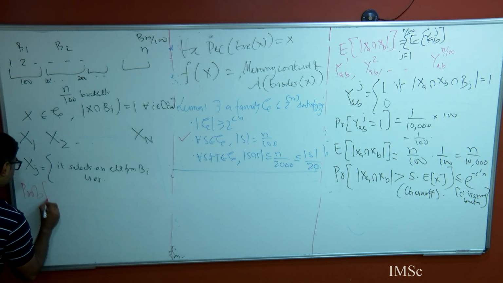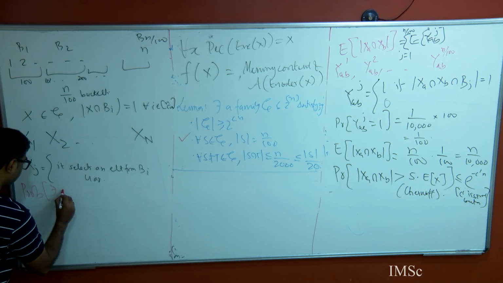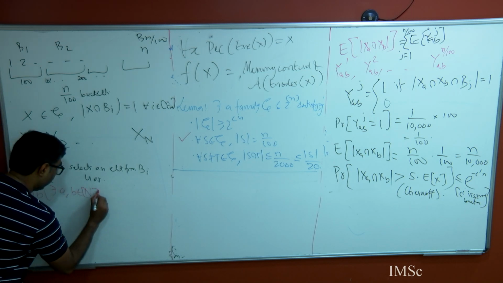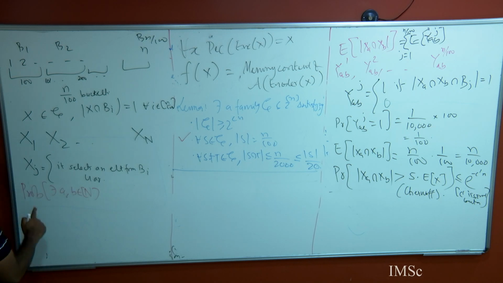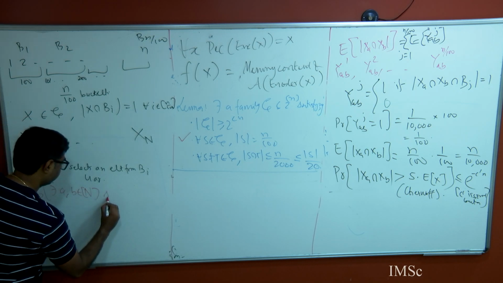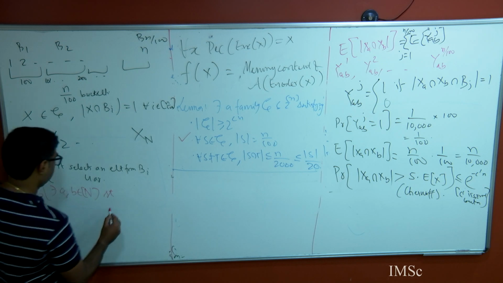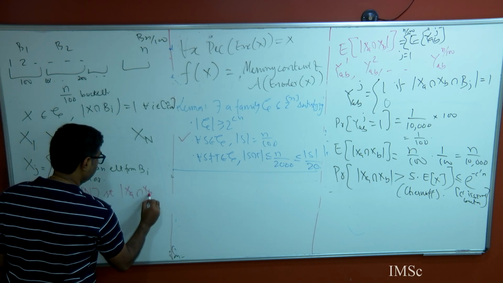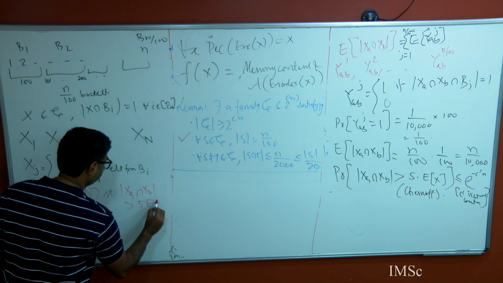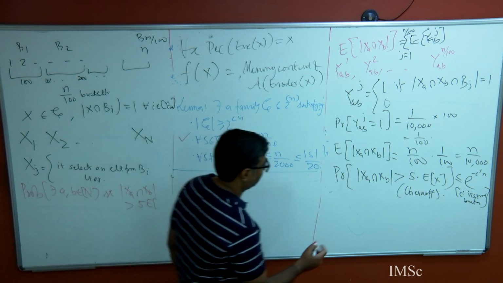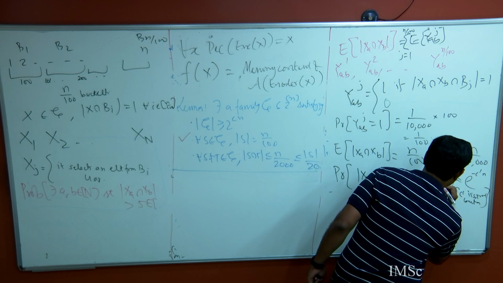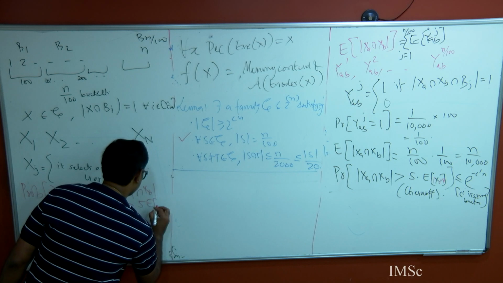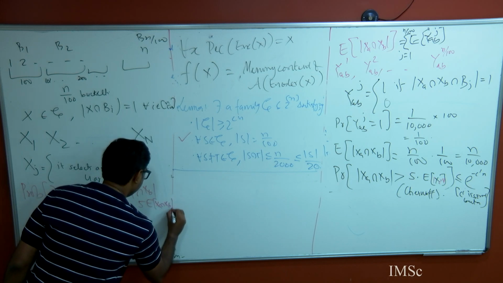The probability that there exists A comma B in 1 to n such that XA intersection XB is greater than 5 times the expectation of XA intersection XB.